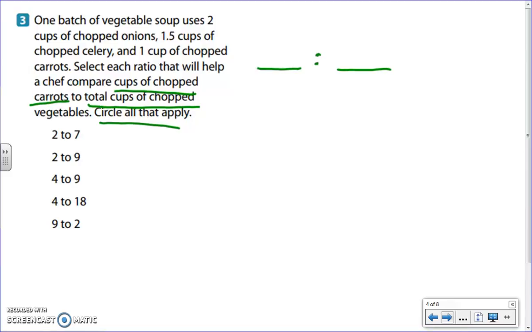When I look at this, we have 1 cup of chopped carrots. That is definitely going to be my first number because order does matter. Now we need to figure out the total number of vegetables as well.